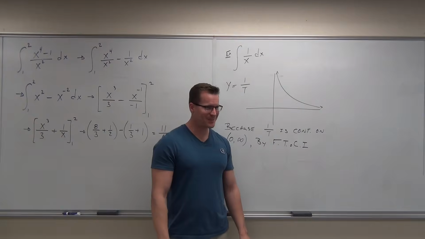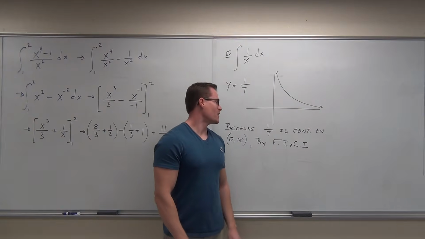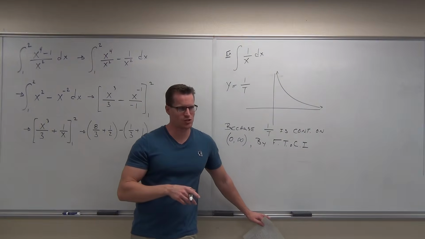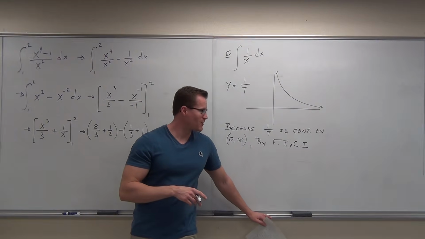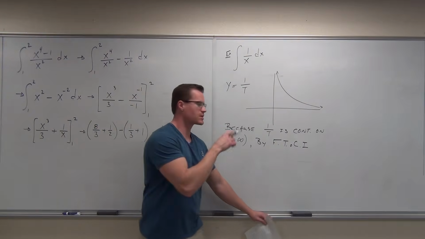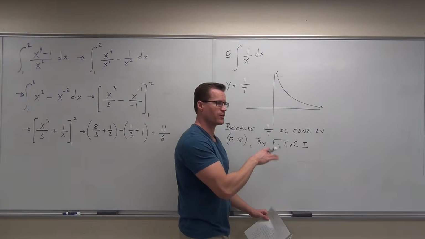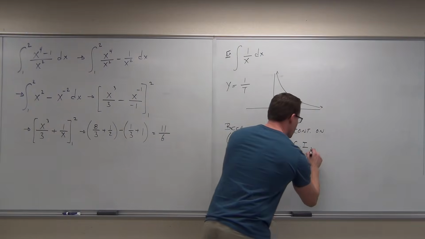I made that up. It sounds kind of cool though. I think it'll catch on. My YouTube people will make sure it catches on. By the fundamental theorem of calculus part 1, we must be able to find some differentiable function that gives us this thing.